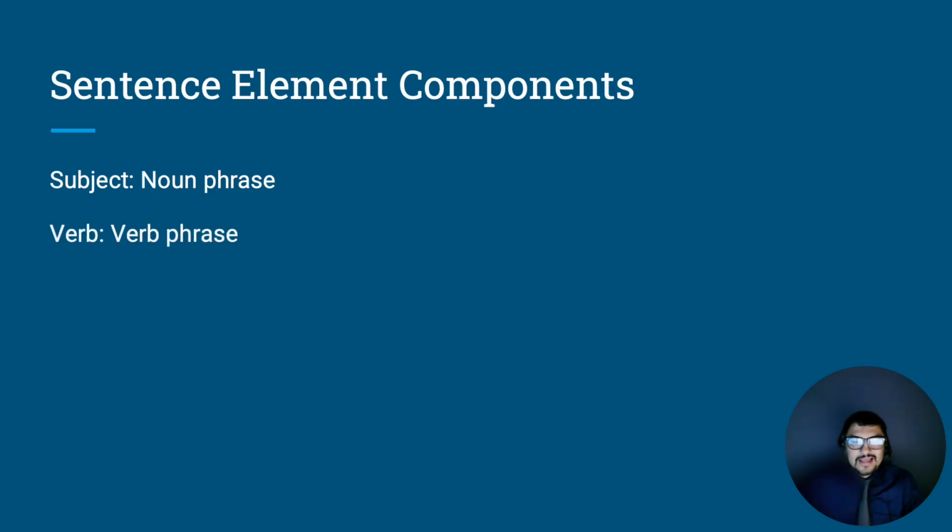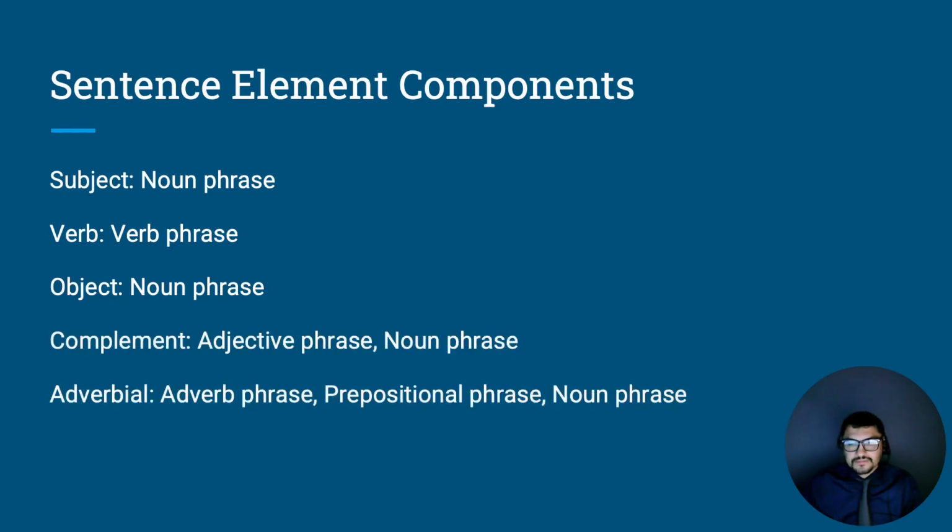The verb phrase again is very easy to remember, as a verb phrase is the only type of phrase that can be a verb element. For the object, this is similar, and again I made the idea that the object is kind of like the opposite of the subject. So again, it can only be a noun phrase, as it's got to be a person or a thing receiving the action.